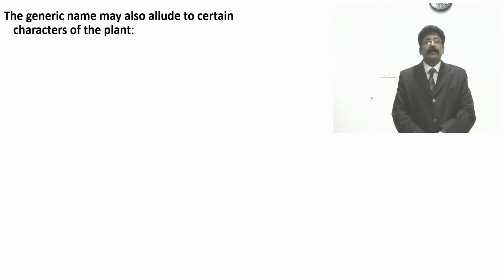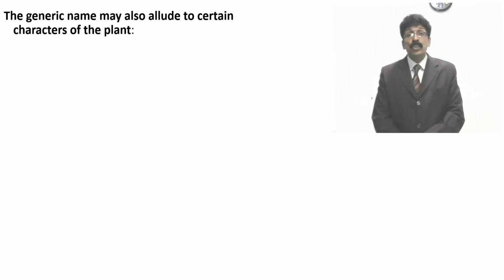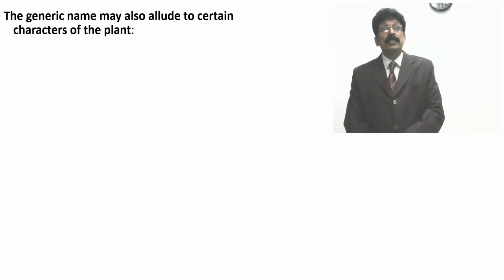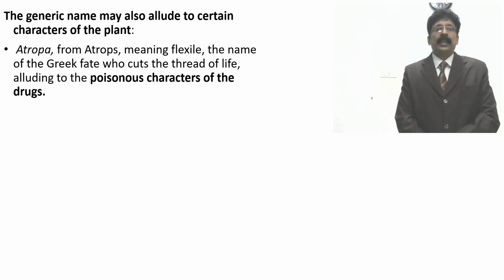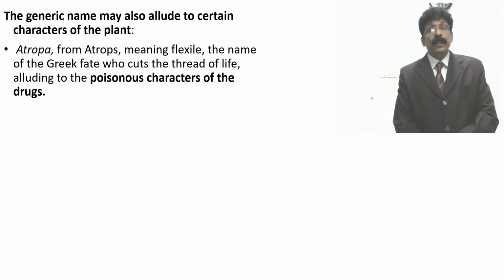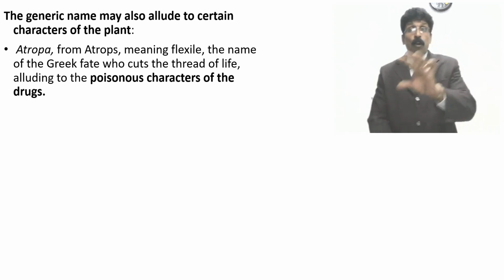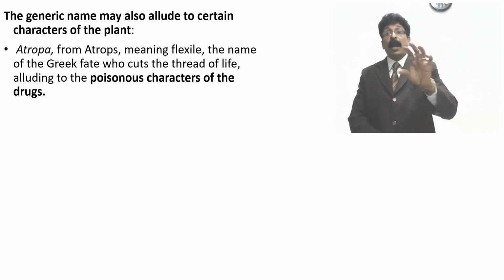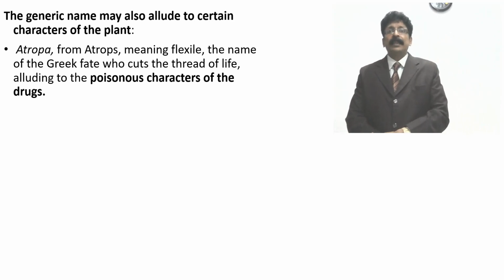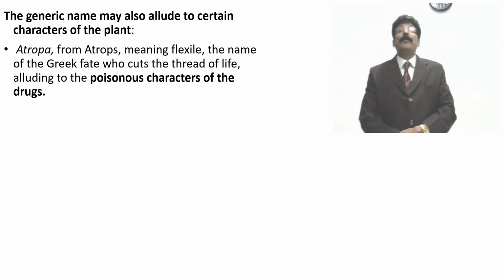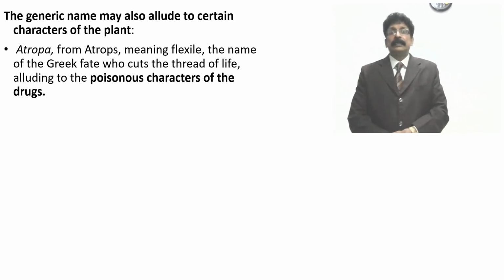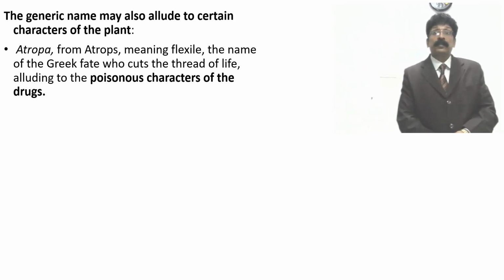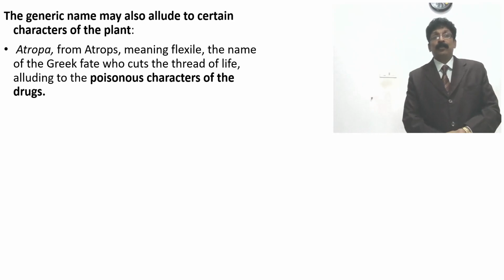The generic name may also allude to certain characteristics of the plant. Atropa is the generic name; belladonna is the species name. Atropa is from Atropos, the name of the Greek fate who cuts the thread of life, alluding to the poisonous character of the drug.